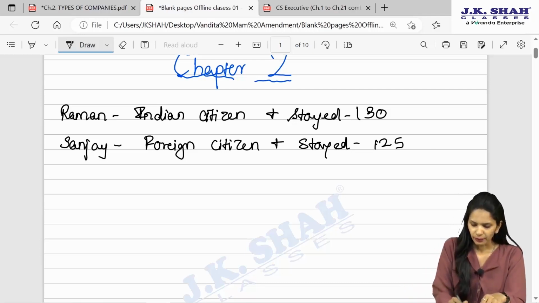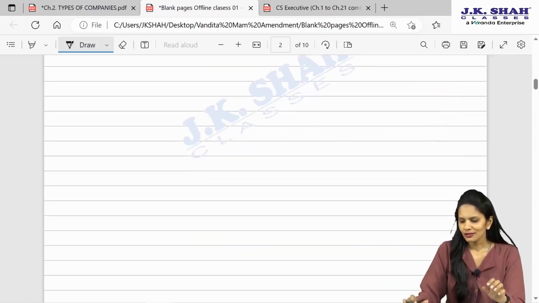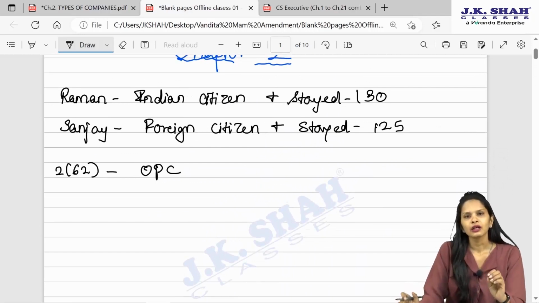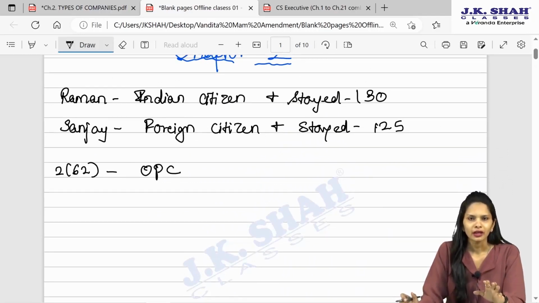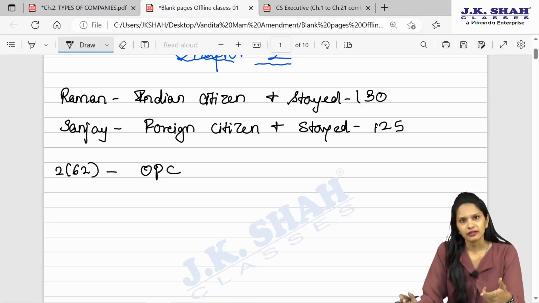So which section is applicable, students? Yes, you are correct. It's Section 2 clause 62 of an OPC. What does this say? This particular section says that an OPC, that is a one-person company, can be incorporated only and only by a natural person first of all, and secondly, the person should be an Indian citizen.